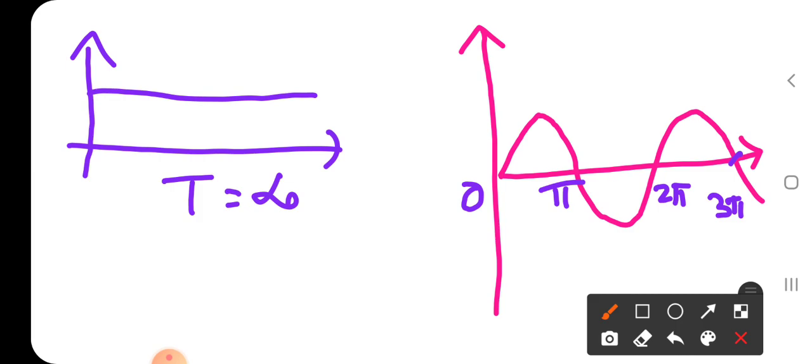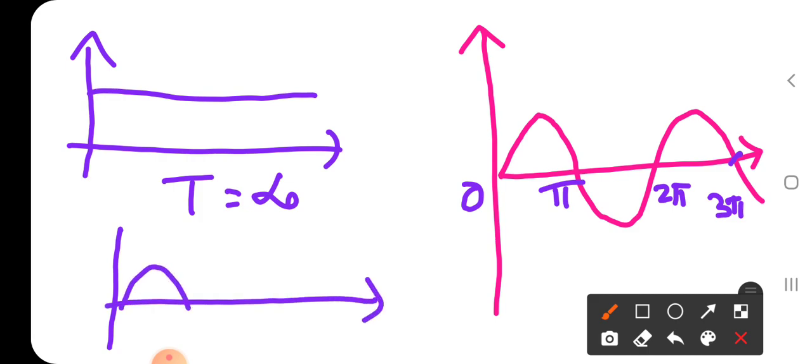This is also unidirectional, but a unidirectional rectified wave, which is like this, used to observe in the case of outputs of the rectifier. So let it be this is 0, pi, 2 pi, 3 pi.